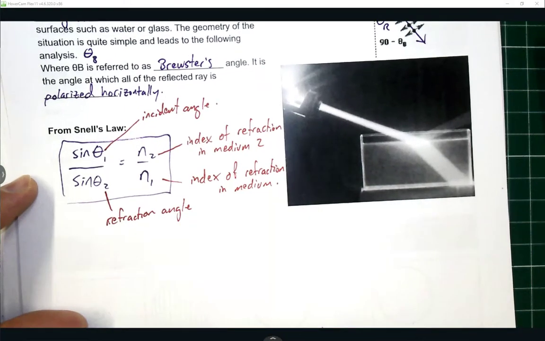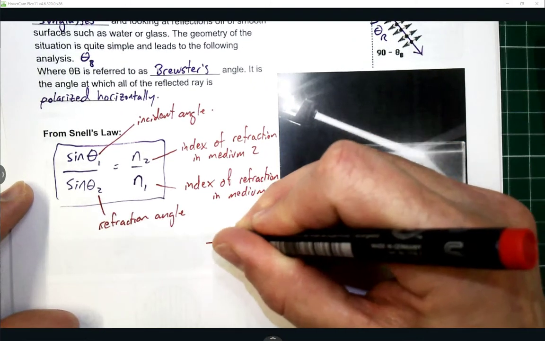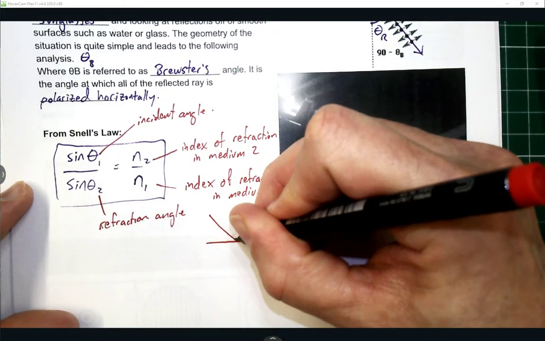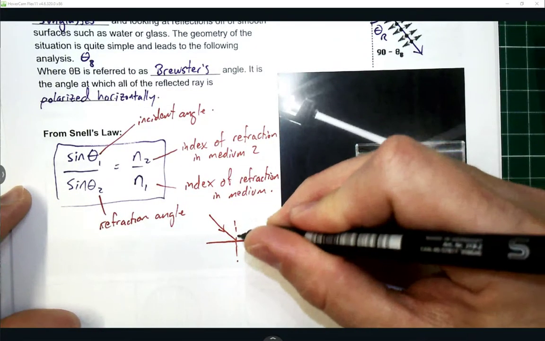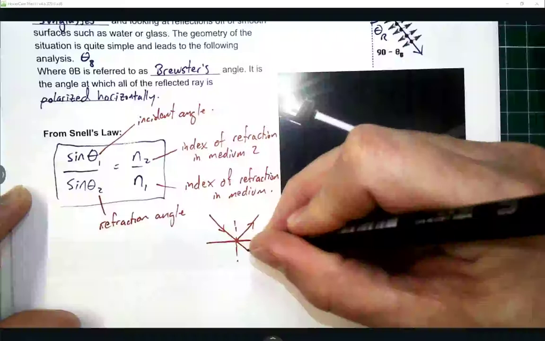Now, in terms of our specific diagram up here, when is this condition going to be met? Well, the condition is going to be met for perfect vertical polarization upon reflection when the ray diagram looks exactly like this.